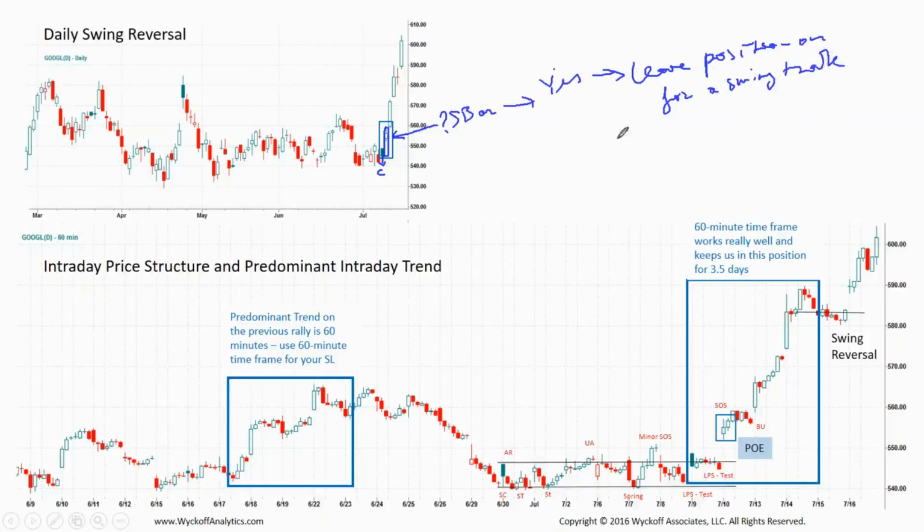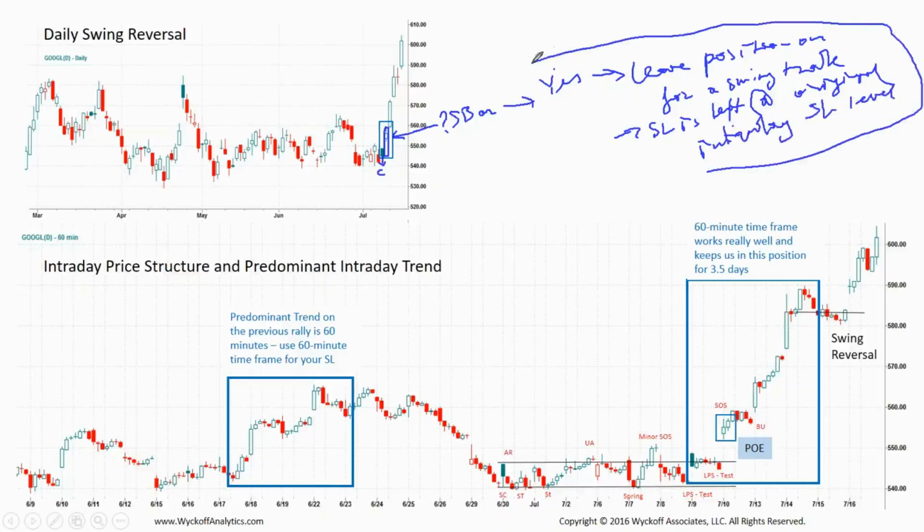If that's the case, then our stop loss is going to be left at the original intraday stop loss level. I should have written this down. Okay, well, at least, you guys can work on this a little bit and just make some notes.